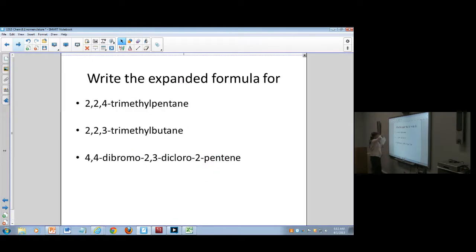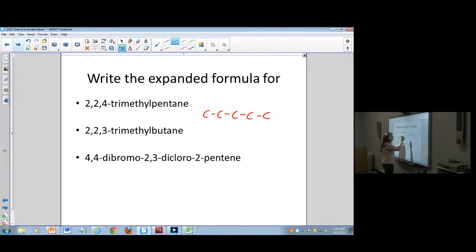Now, I want to write some formulas. Now I'm being given names. I want to figure out the formulas. So let's put 2,2,4-trimethylpentane together. So we need 1, 2, 3, 4, 5. Now you can practice turning these in space and turning them in different directions, but for right now, when you're starting to make these expanded formulas, just put in the backbone.